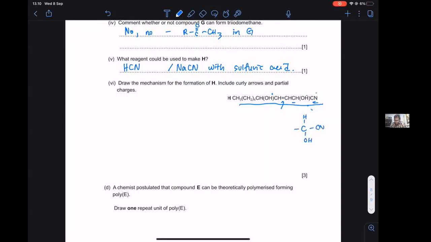So this one over here can be represented by R. So I'll just put down R equals CH3, CH2 4, CHOH, CH double bond CH. So if this is my R group, I have this.